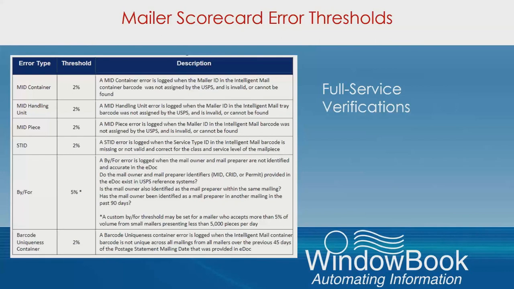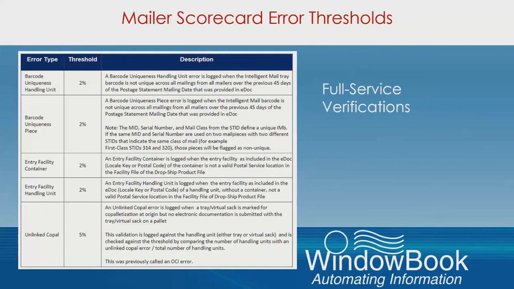And the verification also checks for the intelligent mail barcode uniqueness of containers within a 45-day period. Now, also verified as part of that full service validation is the barcode uniqueness of the handling unit and on the mail piece. It also verifies the entry point data for both the handling unit and container. And if the mailing is part of a co-palletized mailing, that there are no trays and sacks that are not linked to a pallet.